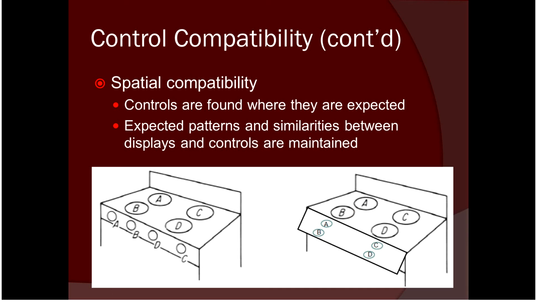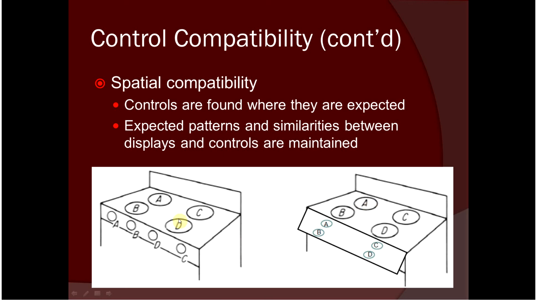You don't put the controls probably on the surface, at least not right next to their burners, especially because you'll have to reach across one burner to find the control for the other one, and that could be really dangerous and be a hazard. So sometimes they're put on this front panel here. That's where mine are. In the old days, they would be on the back panel, which again, you have to reach across, but at least you can avoid a little bit of the burners by reaching high or reaching around or something like that.